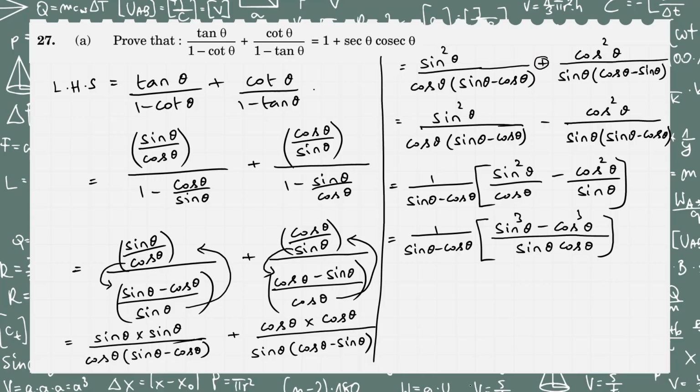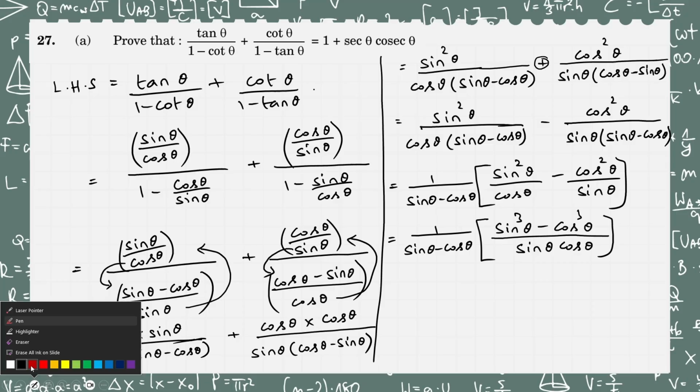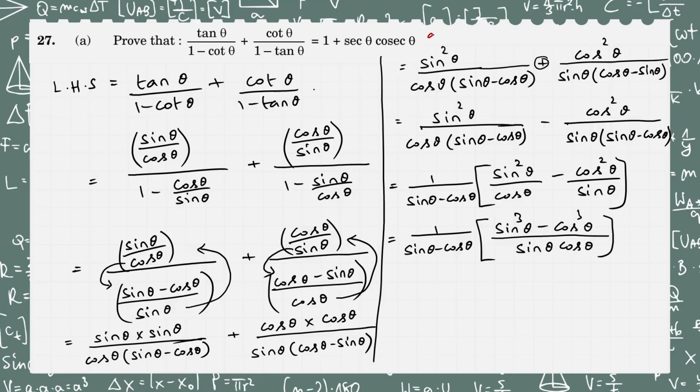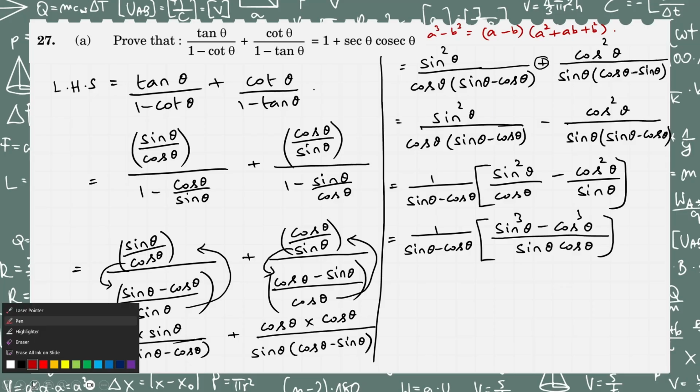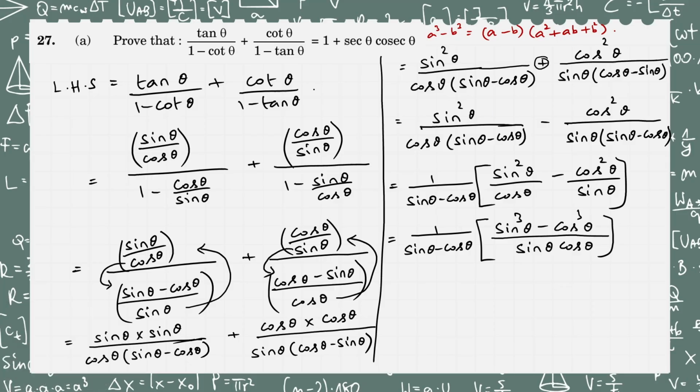Now we know the identity for a cube minus b cube, right? What is it? A cube minus b cube equal to a minus b into a square plus ab plus b square, right? This identity we are going to apply for the value sin cube minus cos cube, right?